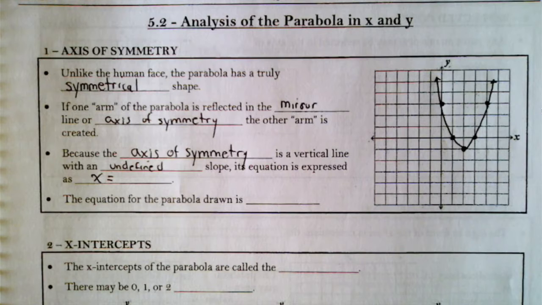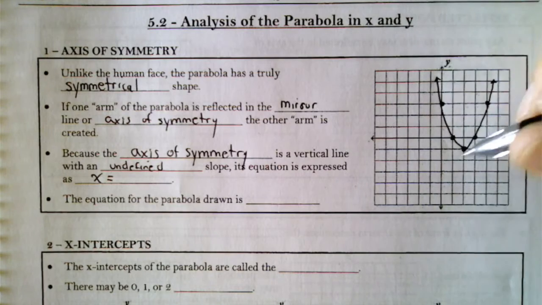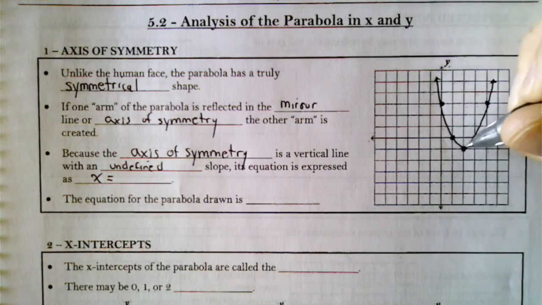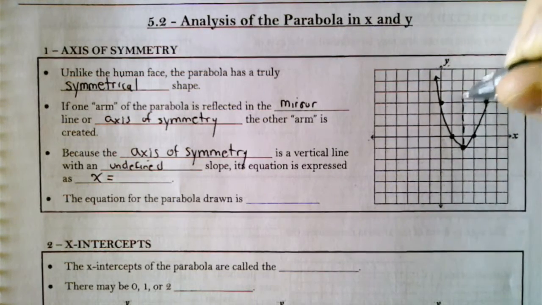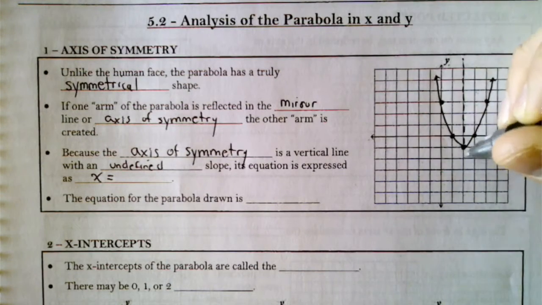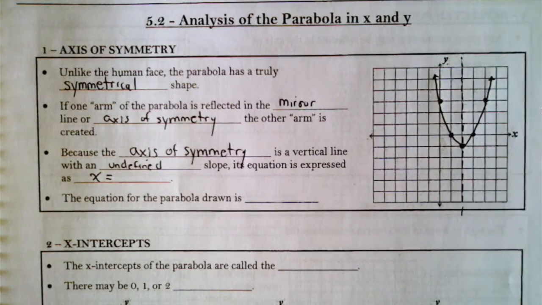Now the thing about the axis of symmetry is it's always going to split the parabola in half and go through either the point at the bottom of the parabola, or if it was flipped the other way, the point at the top of the parabola. So at this point right here, our vertical line is going to go through it. So we draw our vertical line straight up and straight down.